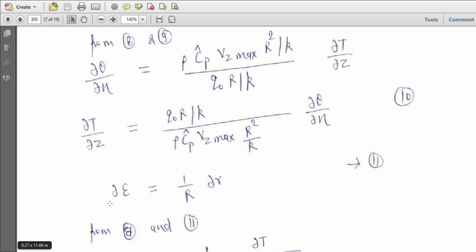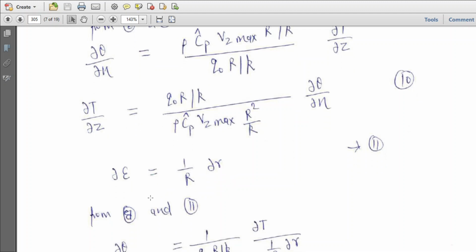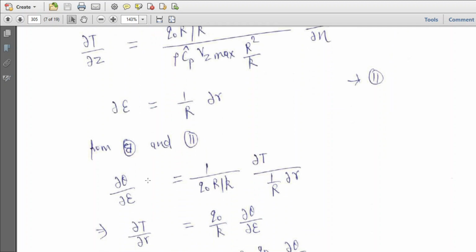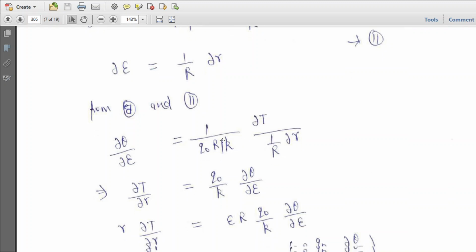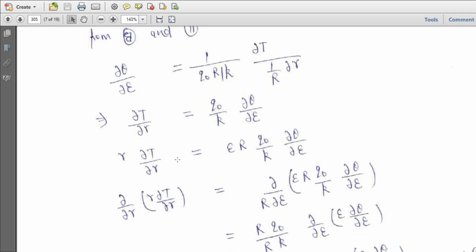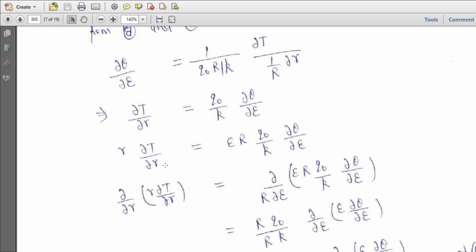Now del epsilon would be equal to 1 upon R into del r. From equations 8 and 11, you will find del theta upon del epsilon equal to 1 upon Q naught R upon K, times del T upon (1 upon R) del r. From here we get the expression of del T upon del r equal to Q naught upon K, del theta upon del epsilon, multiplied by R.